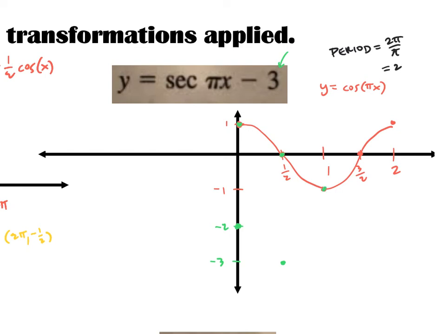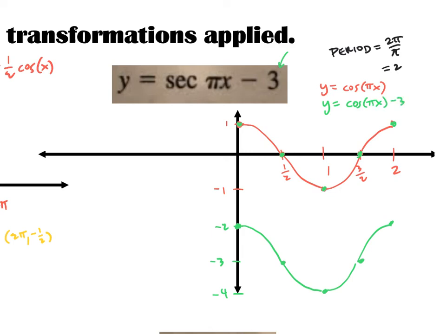This point's going to go from negative 1 to negative 4. This point will go down to negative 3 from 0 and from 1 to negative 2. So this would be a graph. That right there is the graph of y equals cosine pi x minus 3.